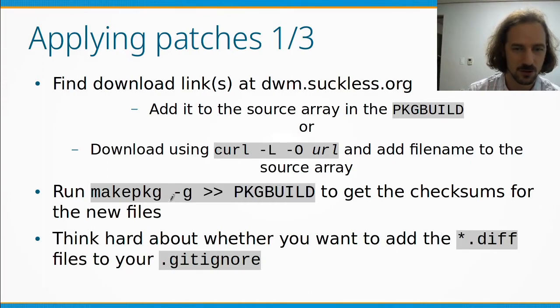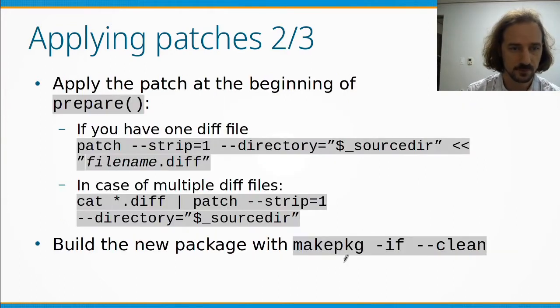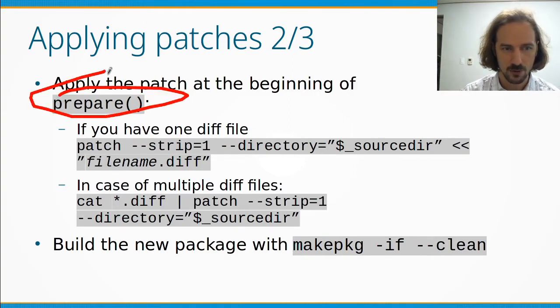But if you download them through your package build, then maybe you want to add it to the gitignore. I don't add it to the gitignore because I might want to change them manually later, and then I want to track those changes.